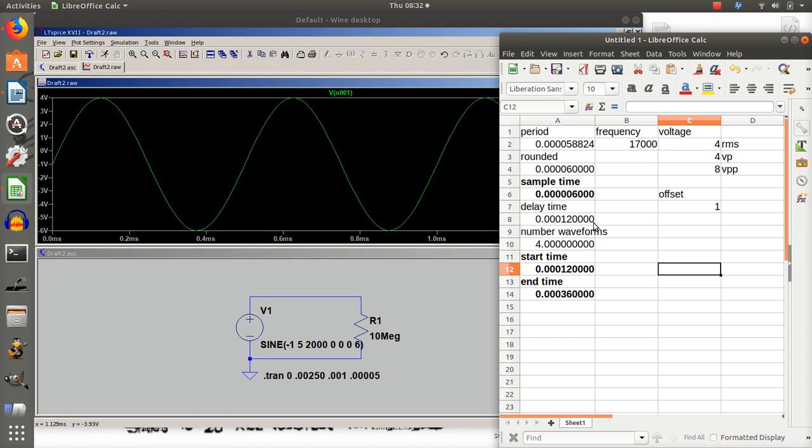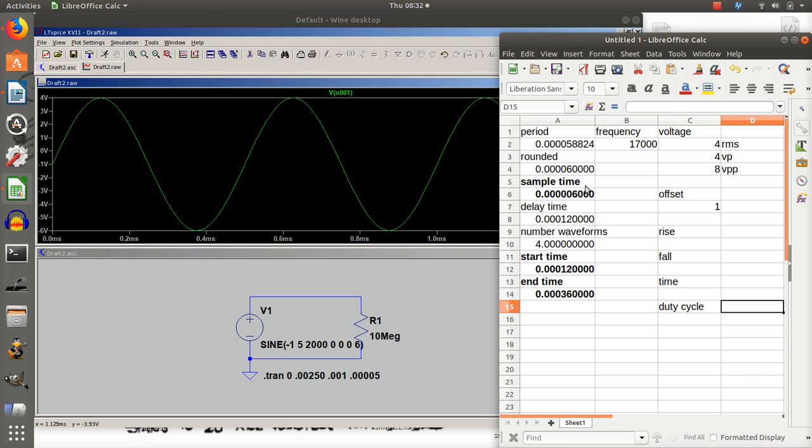Now with a square wave, I have to know what my on time and off time is. Okay, so there is a rise time, a fall time, and a time on. And I think it asks for duty cycle. We will see in a minute.